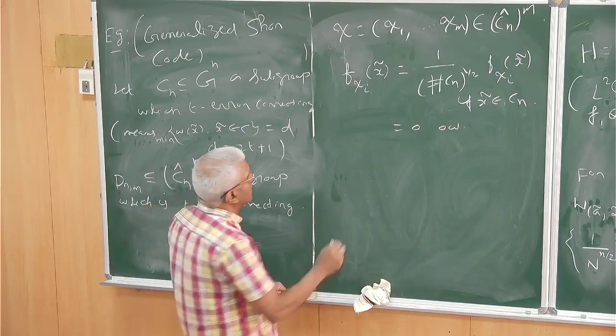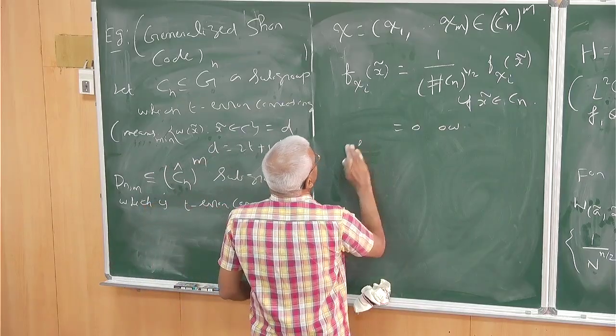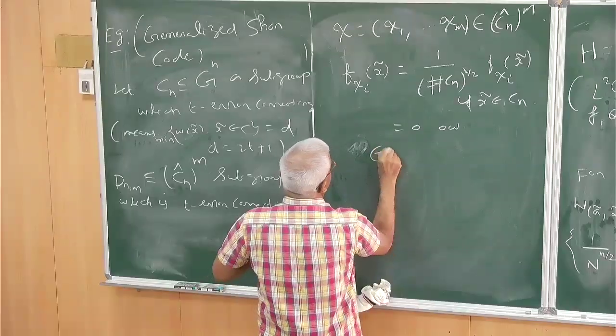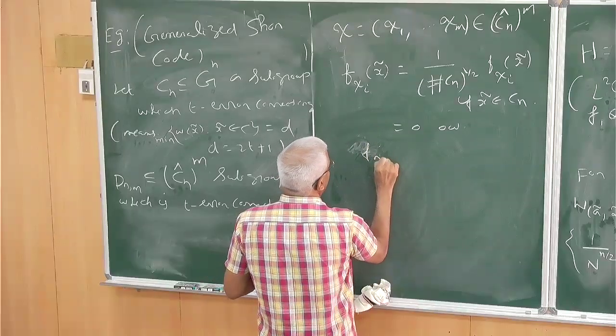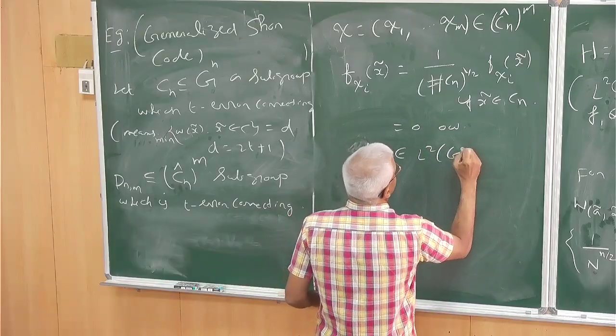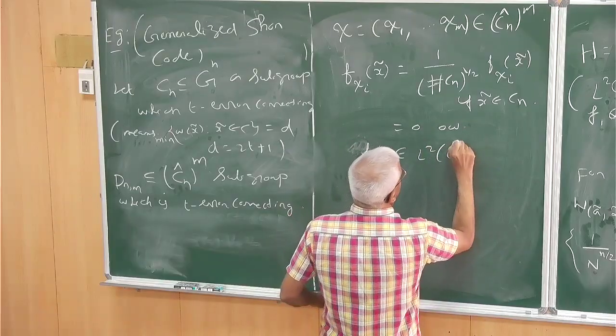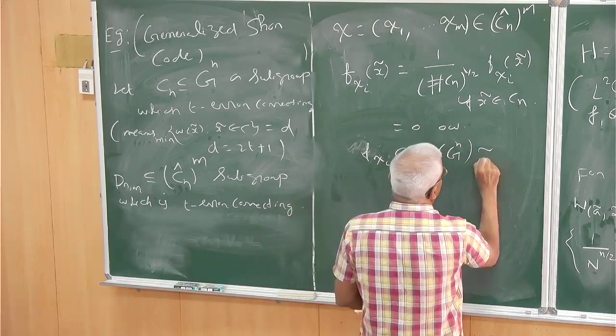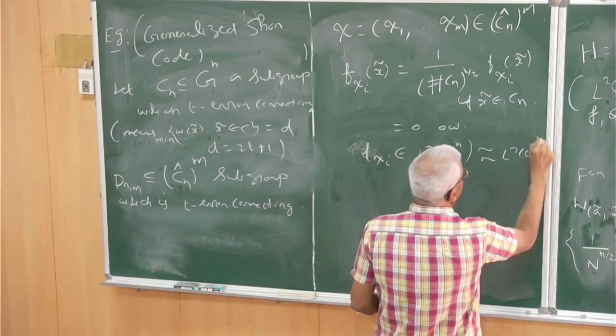This f chi is an element of L2 of Gn, or whatever, which is L2 of G.